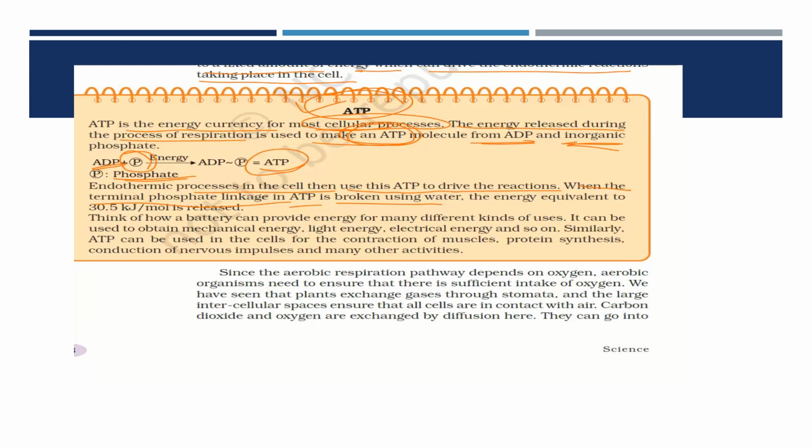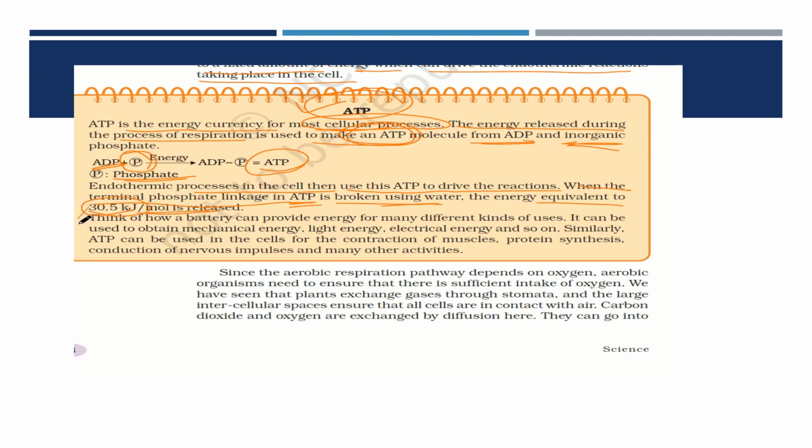In higher classes, when you learn processes like glycolysis, Krebs cycle, oxidative phosphorylation, these are all biochemical reactions which are happening in our body. There you will see the terminal phosphate linkage in ATP is broken using water, and energy equivalent to 30.5 kilojoules per mole is released.